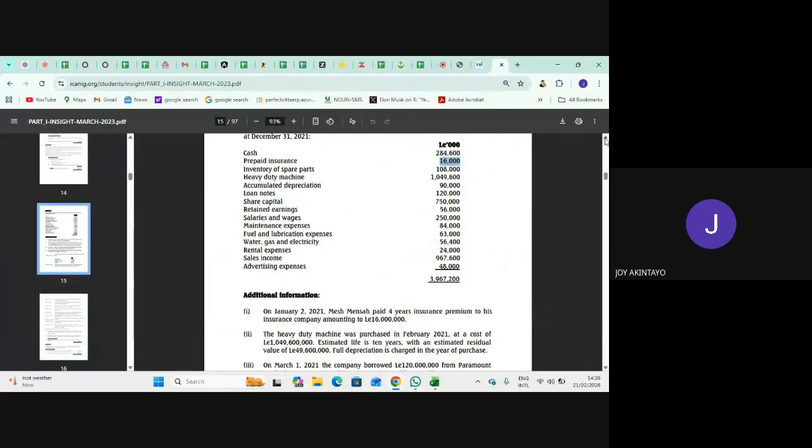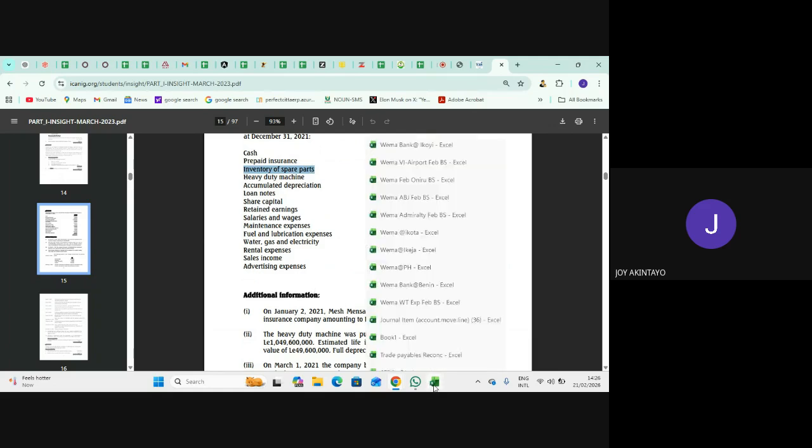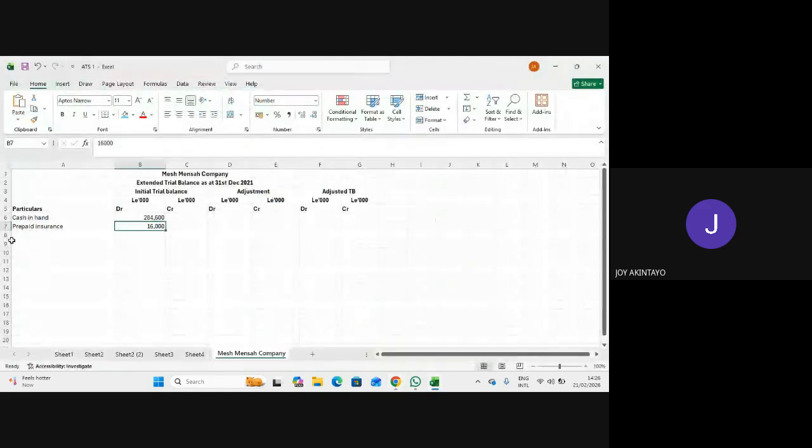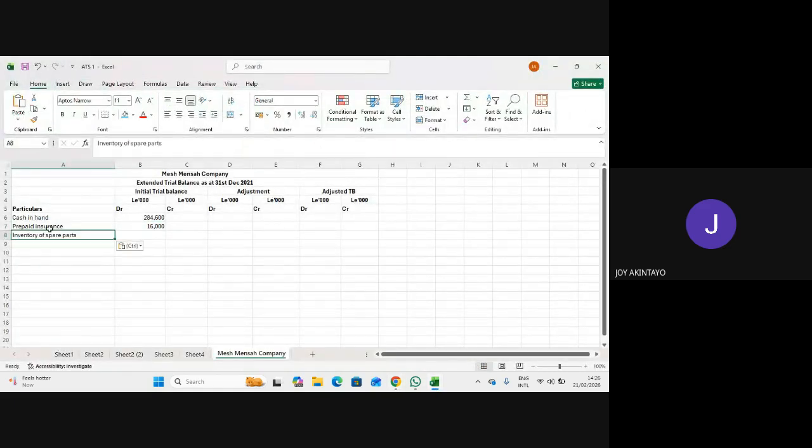That's our opening inventory, and it will always be on the debit side. Are we together? It's at the beginning of the period.